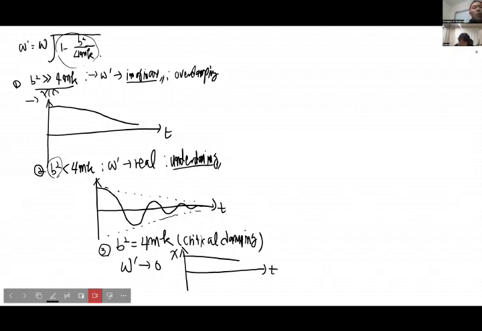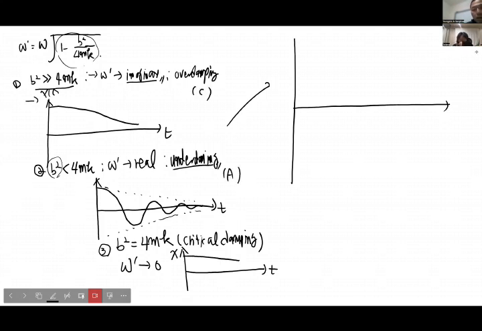So if you plot all three different patterns of damping of the damped harmonic oscillator, and its amplitude in time, then that will be like this. If this one is C, this one is A, and this one is maybe B, then it will be like this.